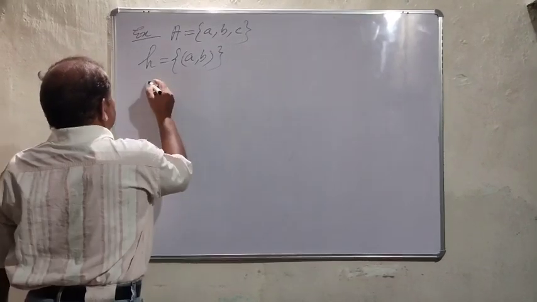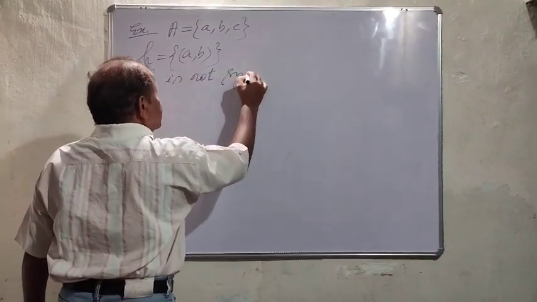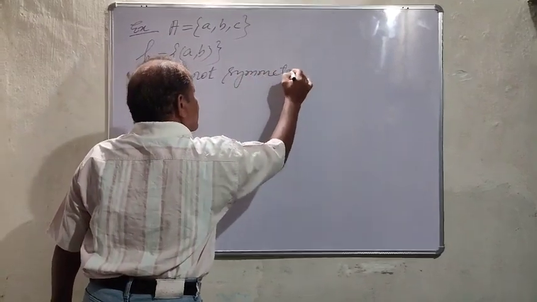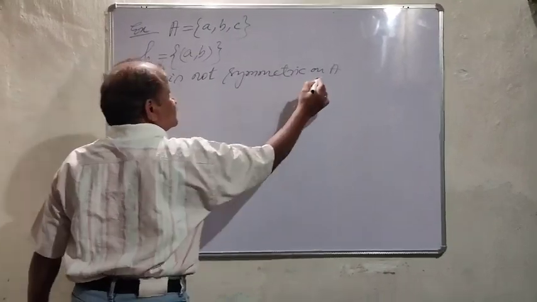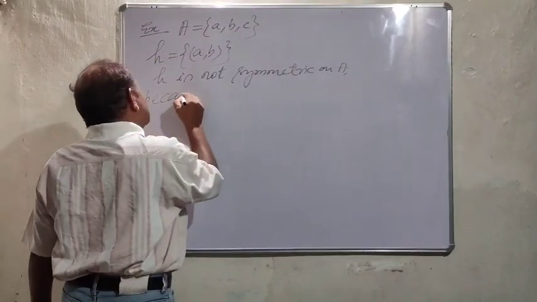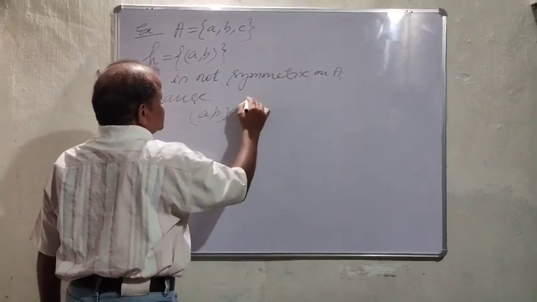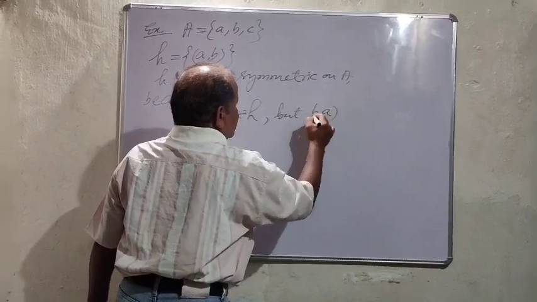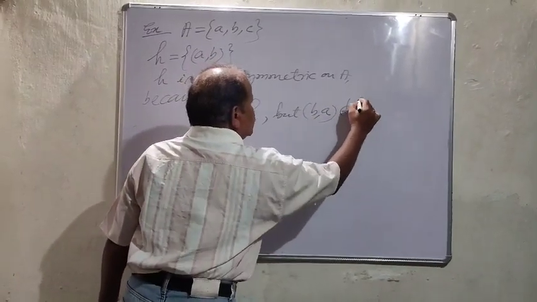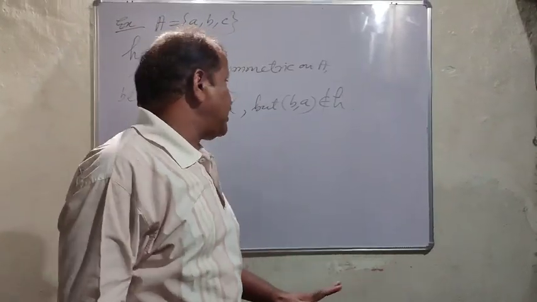Why? H1 is not symmetric on A because (a, b) belongs to H1 but (b, a) does not belong to H1. a is related to b but b is not related to a.